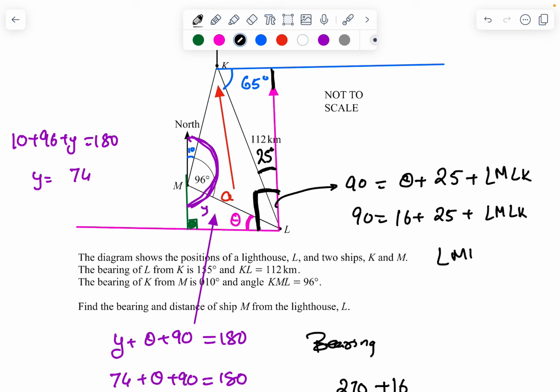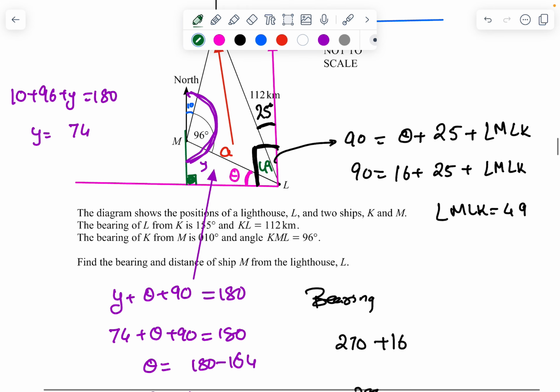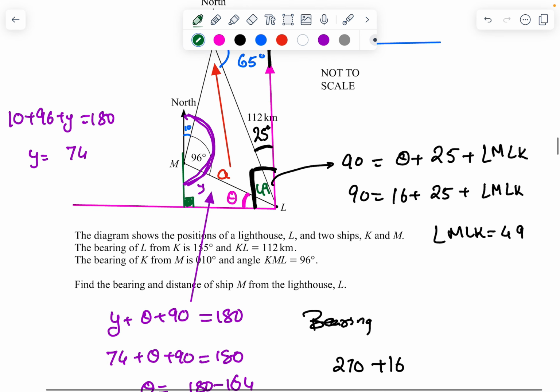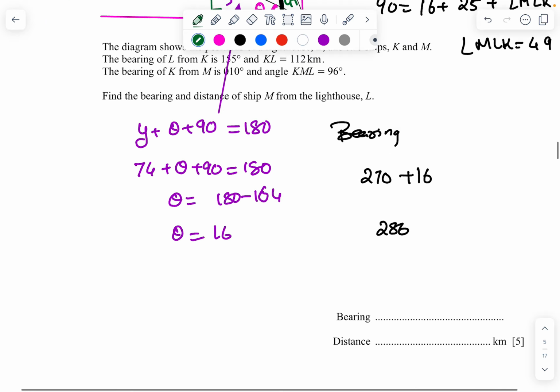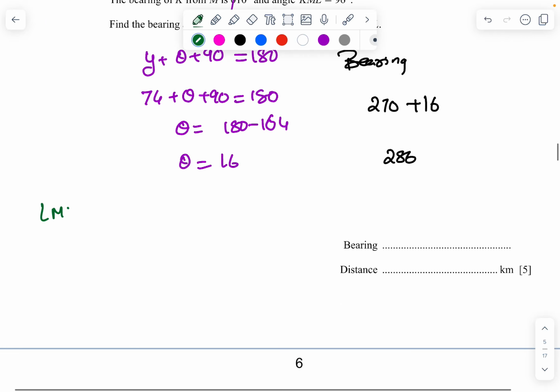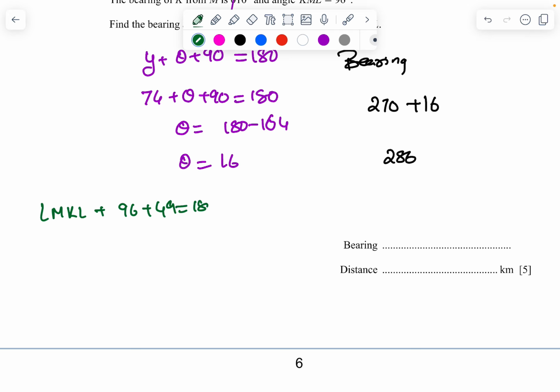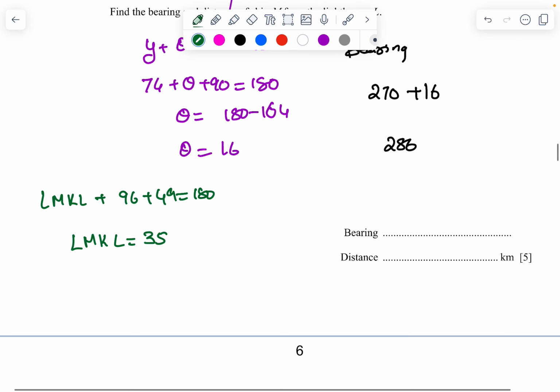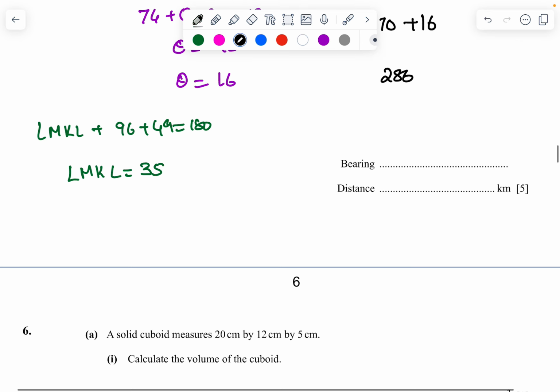So angle MLK will be equal to 49 degrees. Now once I know angle MLK is 49, I write it over here, 49. Then angle MKL plus 96 plus 49 equals 180 degrees. This gives me angle MKL equals 35 degrees. So now I use the sine rule. What is the sine rule?